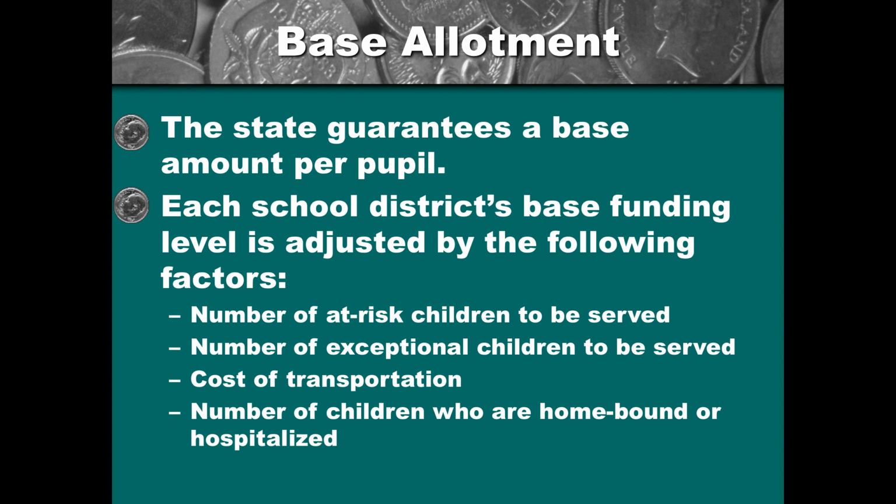So each school district's base funding is adjusted based on several factors. The number of at-risk children to be served. So there is an add-on for at-risk children because it's more expensive to serve them.